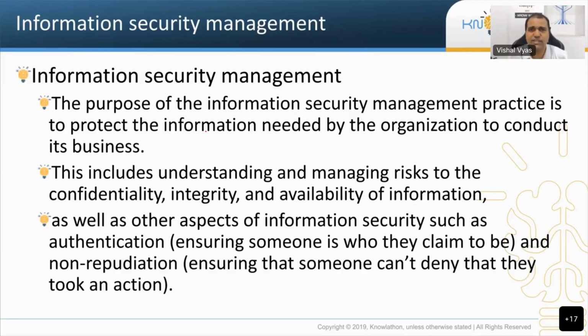In your organization, do you have an information security policy? Yes. Do you follow your organization's information security policy always? Yes, always.